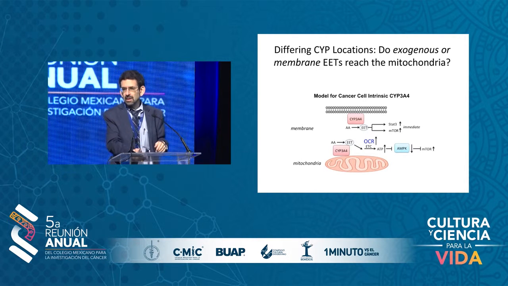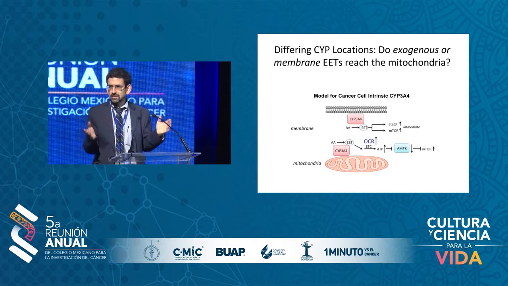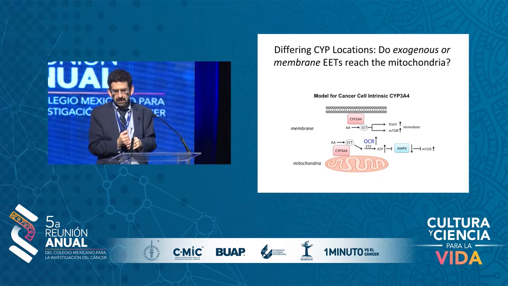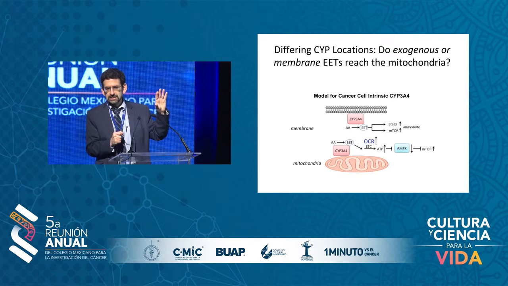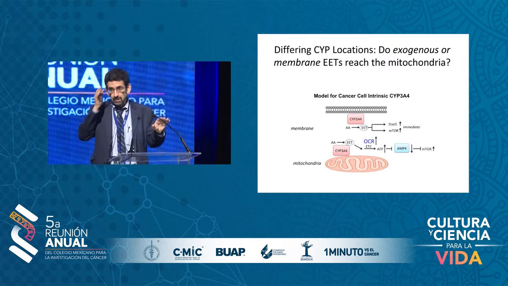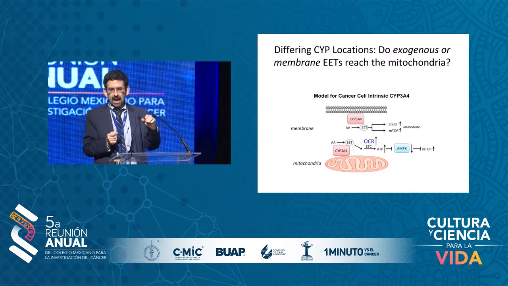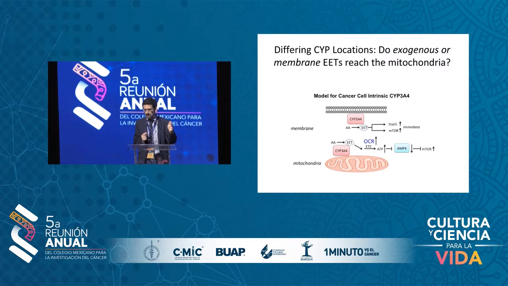So in summary of the first part of the talk, there are CYPs located in different places in the cell. There are CYP oxygenases at the plasma membrane and also at the mitochondria. We think that these are functioning independently, that the EETs at the membrane are activating signaling kinases that then activate STAT3 and also activate mTOR.